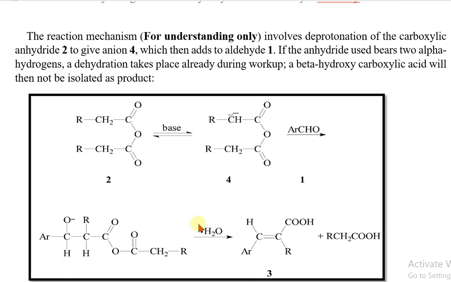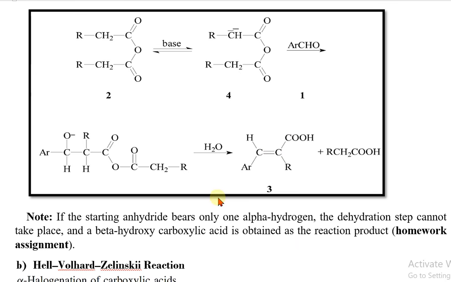Finally, hydrolysis: all this part here will be alone, and this part will be removed from the structure as carboxylic acid, to give the alpha beta unsaturated carboxylic acid.